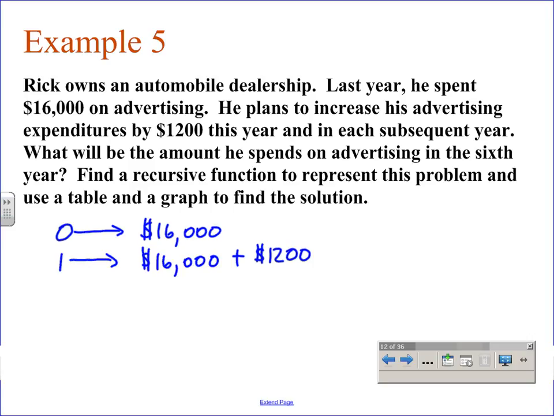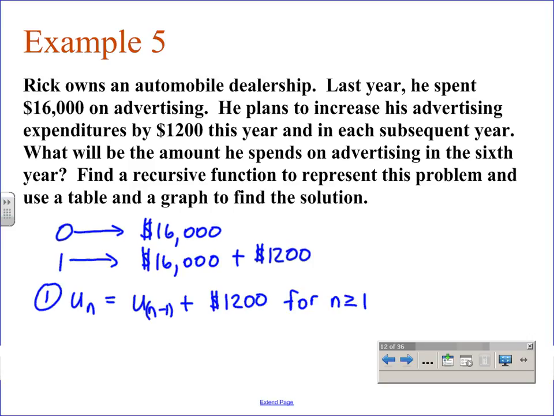So the recursive formula, we can do that pretty quickly, is going to be our previous value plus $1,200. And this is going to be for n greater than or equal to 1, because we're starting out at year 0. So there we have our recursive formula.